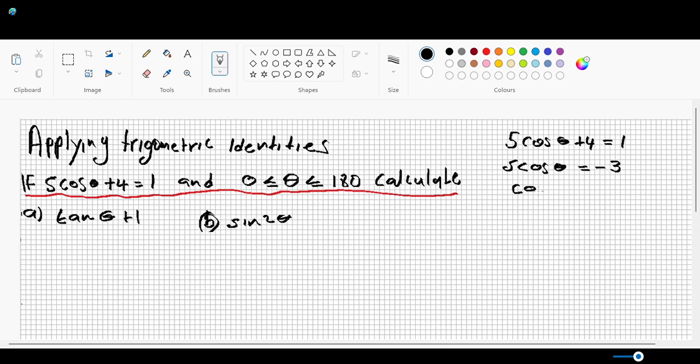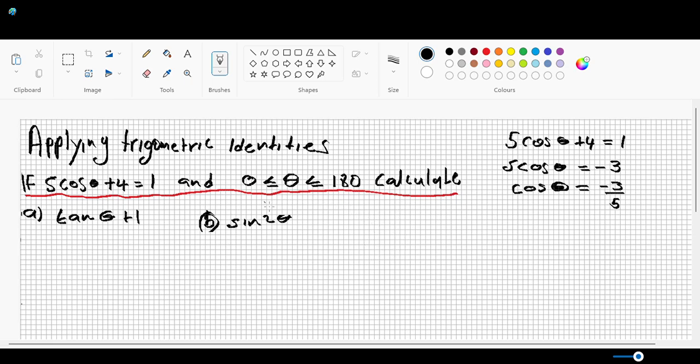When you divide by 5, you're left with cos theta equals negative 3 over 5. So this is the right thing to do. We must stop here because now we have cos theta, and the answer is negative 3 over 5. Now from here we are able to work things out.